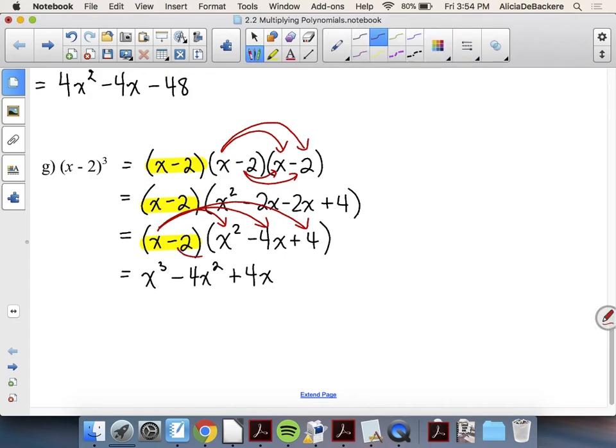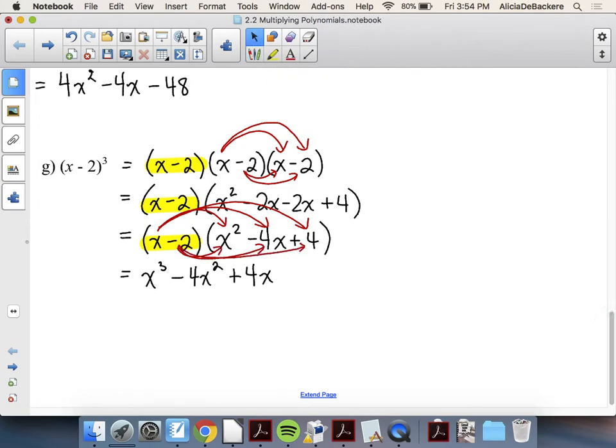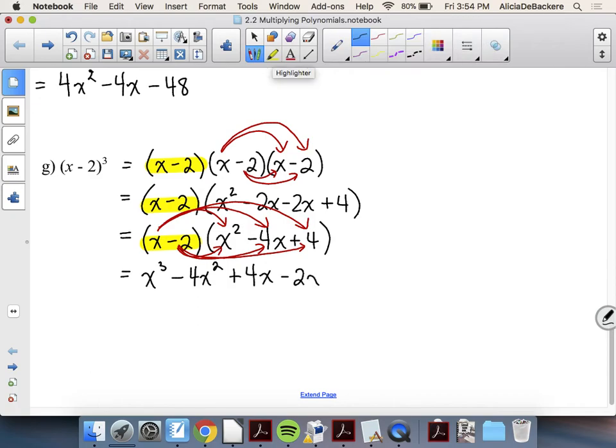Then I'm going to multiply the negative 2 into the second bracket. So the negative 2 just gets multiplied with the coefficient, and the variable and the exponent stay the same. So negative 2 times x squared. Negative 2 times negative 4x, when I multiply those coefficients, I get positive 8, and the x just tags along. And then negative 2 times 4 gives me negative 8.